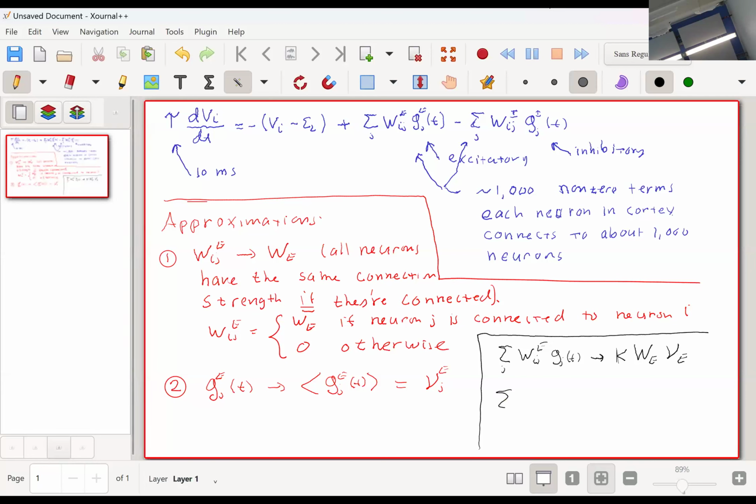And the sum over j of W_ij^I g_j^I(t) goes to K W_I nu_I. K is the number of connections per neuron, which I'll assume is the same for every neuron. And again, that assumption I will drop as well.